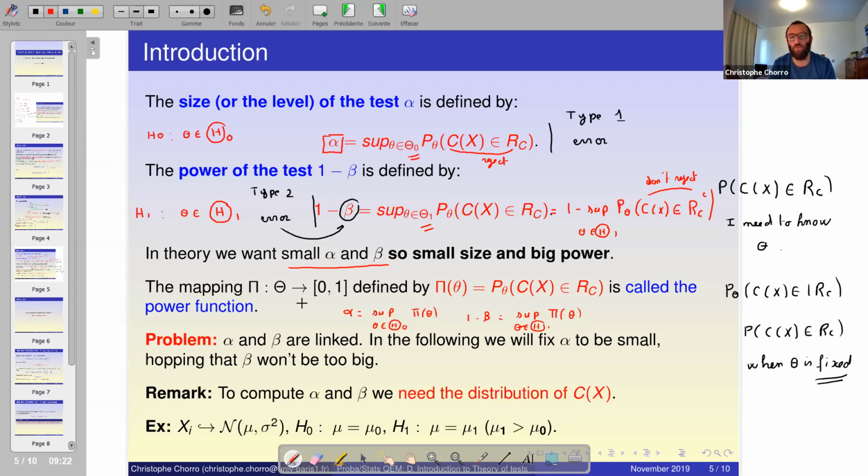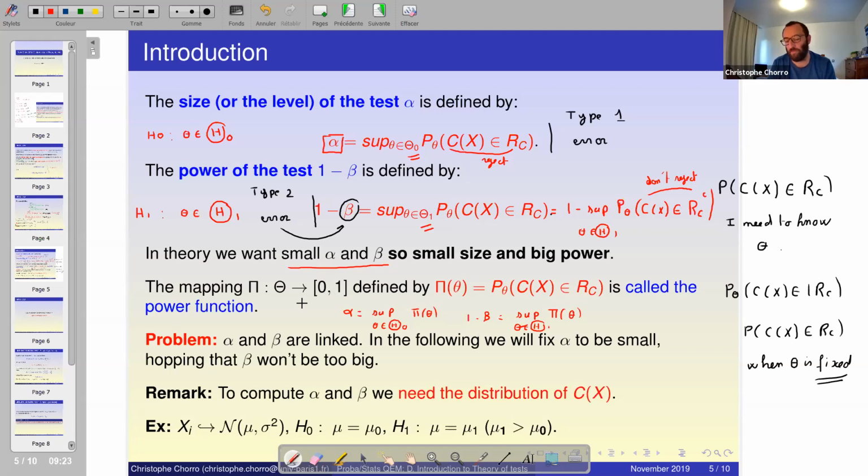So what we do concretely is a convention: the convention is to fix the type 1 error to be small. Generally by small, I will say, let's say 5% or 1% or something like this. And to expect, because I can't do more than expect, that the type 2 error won't be too big. That is, that my beta won't be too big, and so that my power won't be too small.